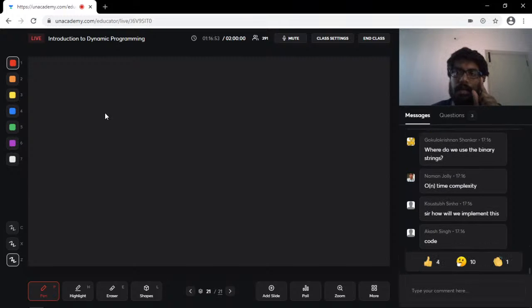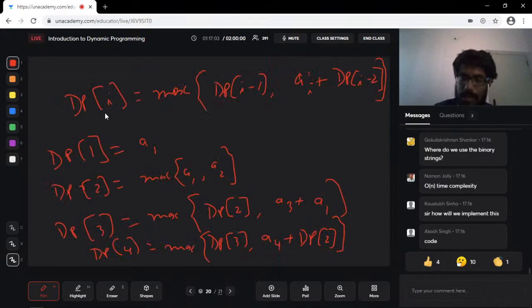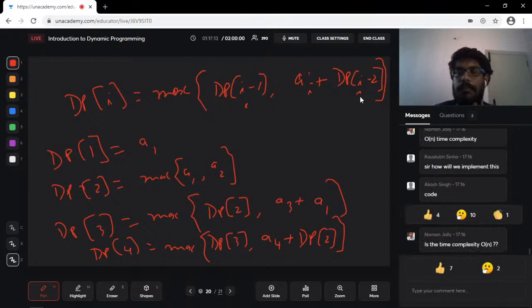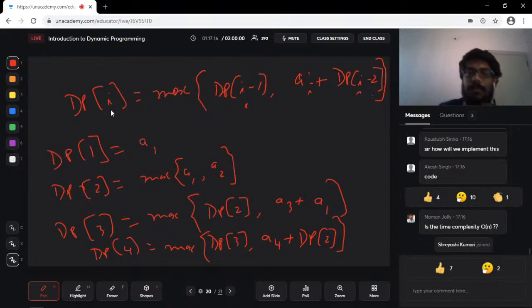Then populate the base cases, so dp1 and dp2, do it by hand, and then write a for loop from 3 to n, and for dp of I, write this equation. Whenever I'm going to compute dp of I, I would have already computed dp of I minus 1 and dp of I minus 2. Because we already know this, I can compute dp of I, and at the end just do cout or print dp of n, and that's it.